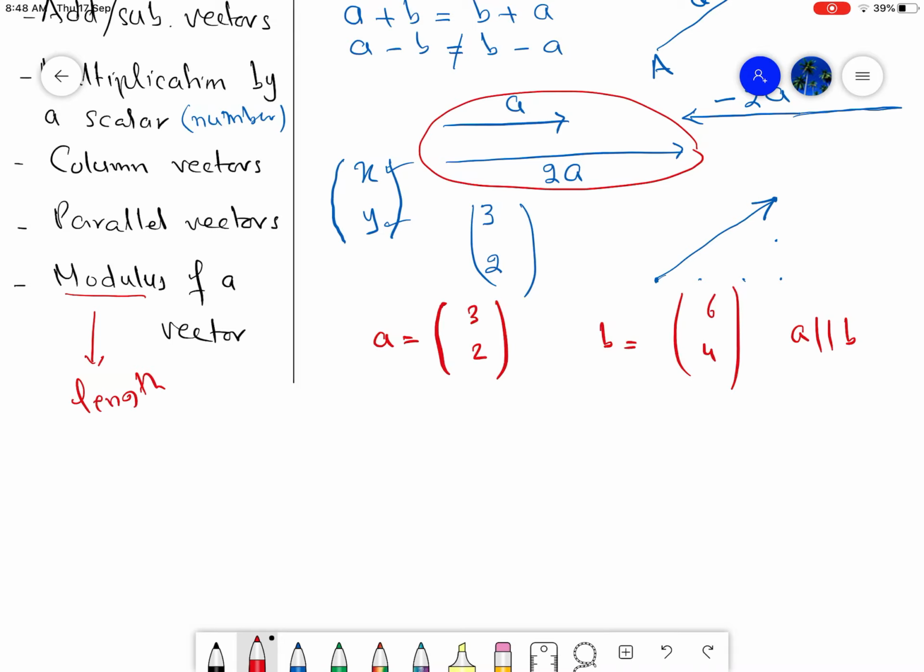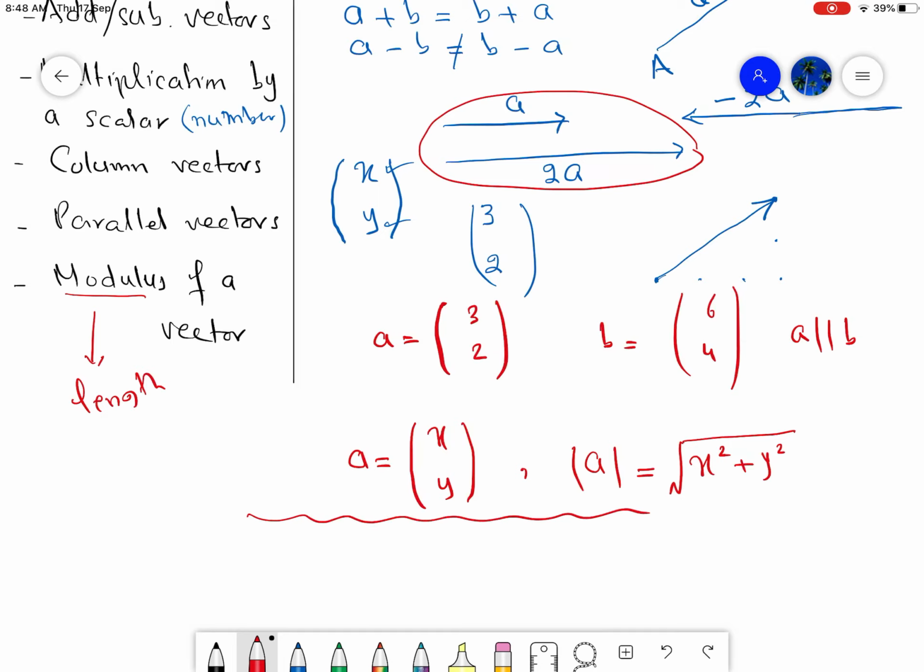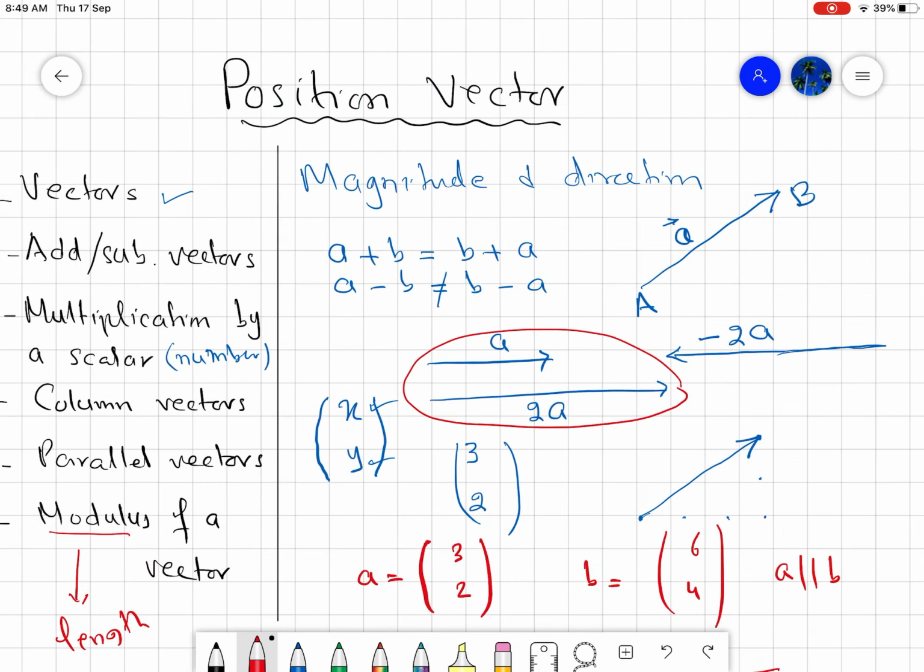To work out the modulus, if you have a vector A represented by x and y displacement, then the modulus of A is equal to the square root of x squared plus y squared. So that was a quick recap of what we have covered so far in the topic of vectors.